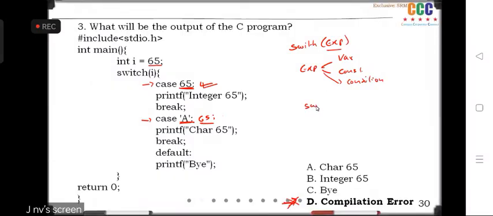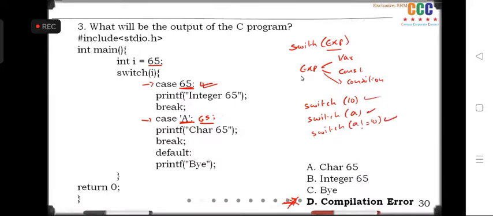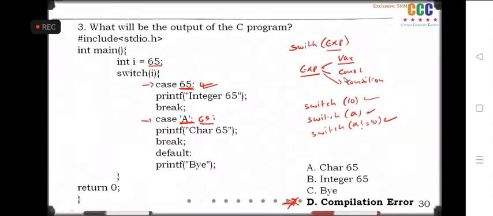So I can write switch 10, I can write switch A, or I can write switch A not equals 10. Anything is okay.